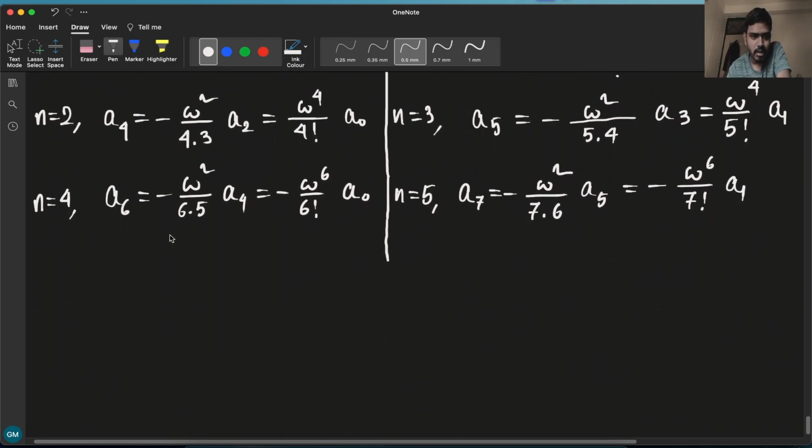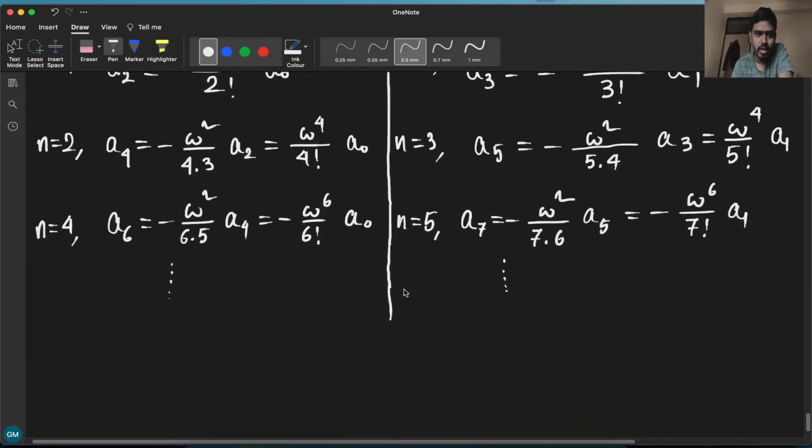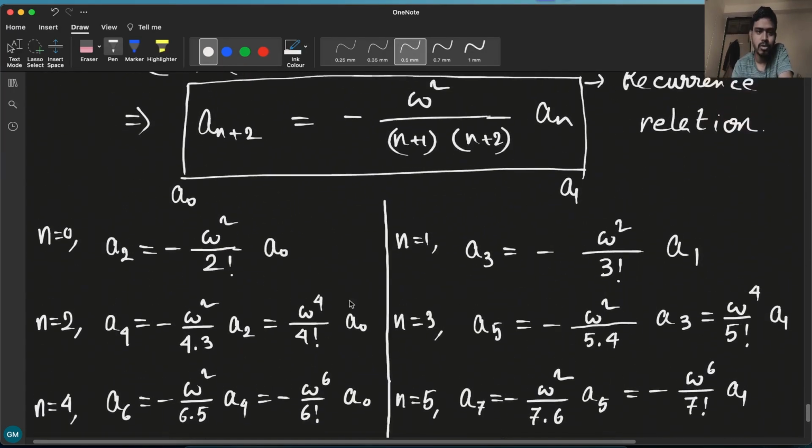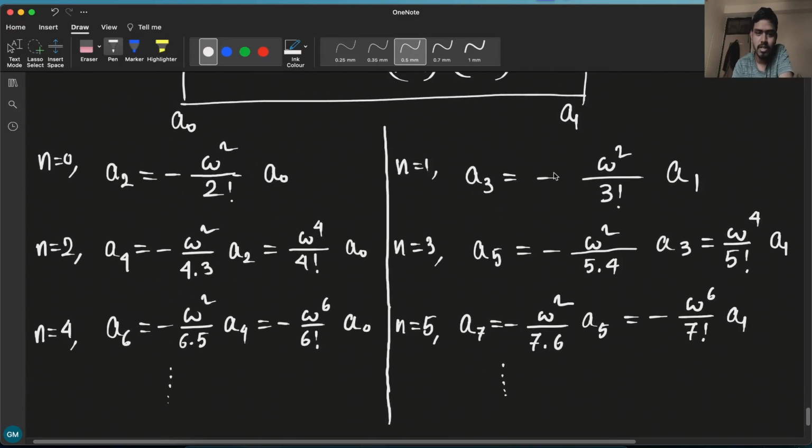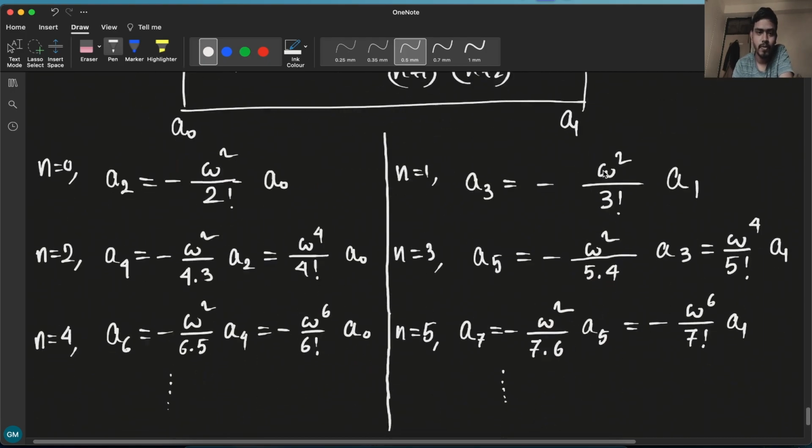So similarly I can go like this. So what we are getting here is basically two series, one for the even terms, another for the odd terms.